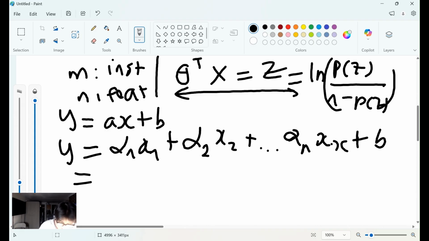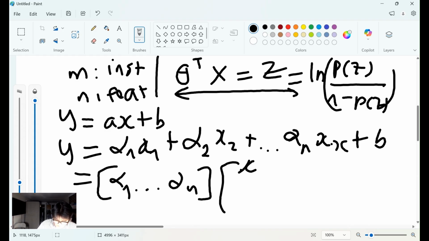This can be rewritten in linear algebra format, which goes something like alpha 1 to alpha n multiplied by x1 to xn. And the b part right here is an intercept.